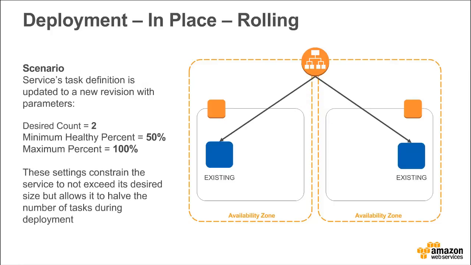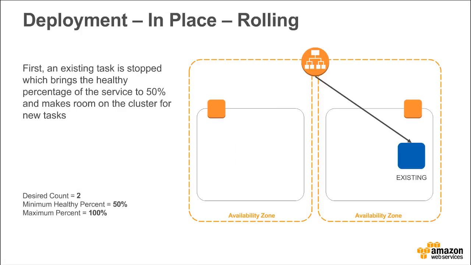I want to go through a variation of that, more of a rolling deploy, where in this scenario we have 2 tasks again, but here we're saying, we don't want ever to grow up to more than 100%, meaning we only want 2 tasks ever across our service. And during deployment, in order to facilitate deployment, you can shrink the service to 1 task, meaning you can go down to 50% of our desired count. So here, the first thing that would happen is ECS would stop one of our tasks, right, to make room within the service for deployment.